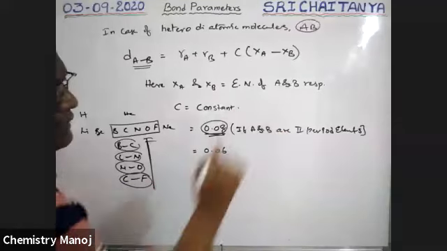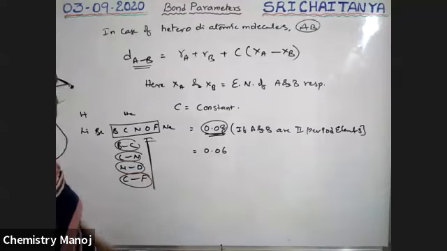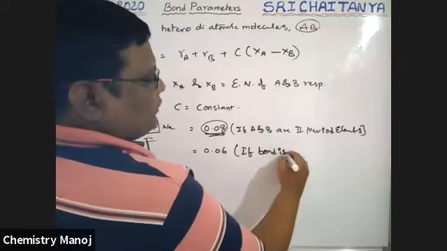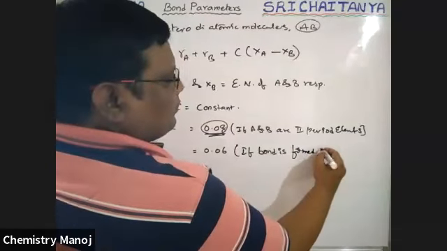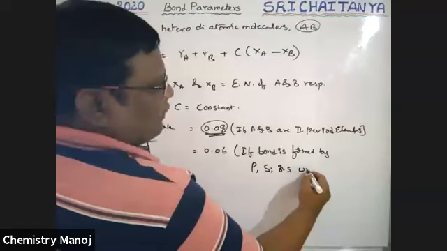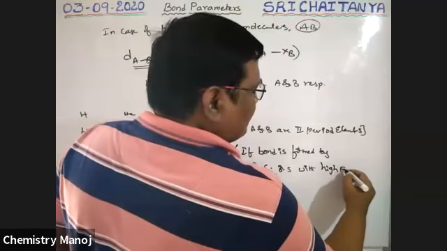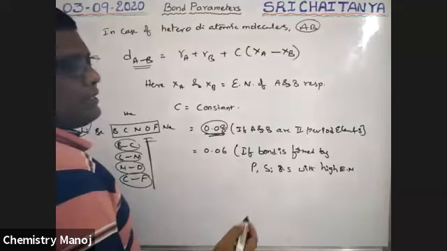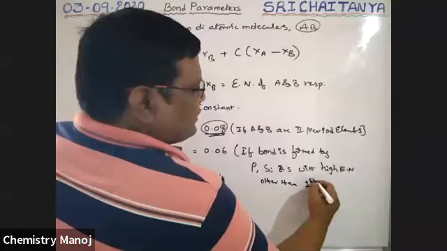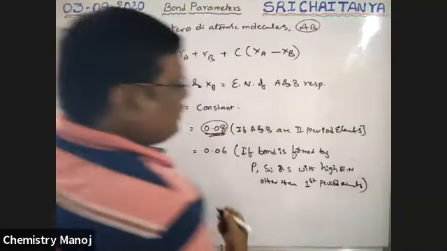Otherwise, C is equal to 0.06, if the bond is formed by phosphorus, silicon or sulfur with highly electronegative elements other than first period elements.